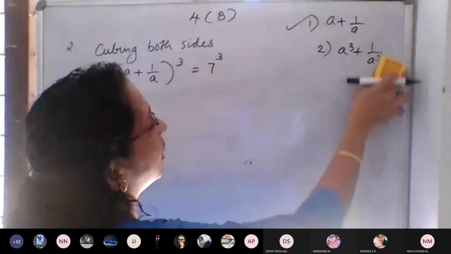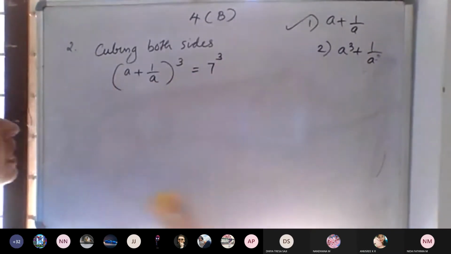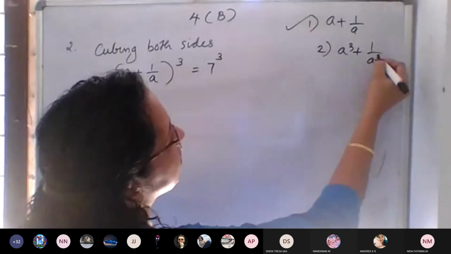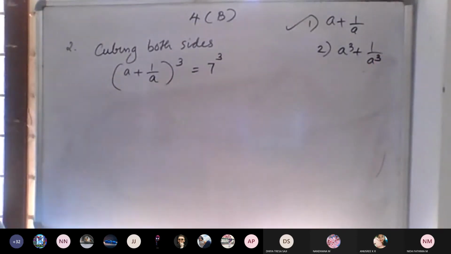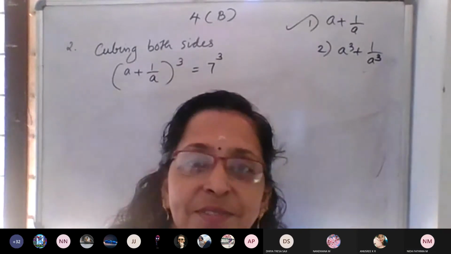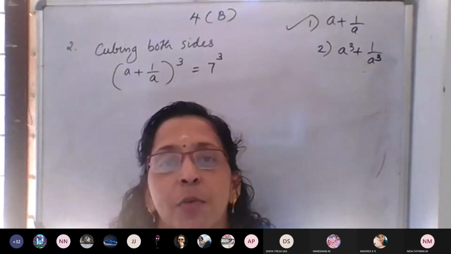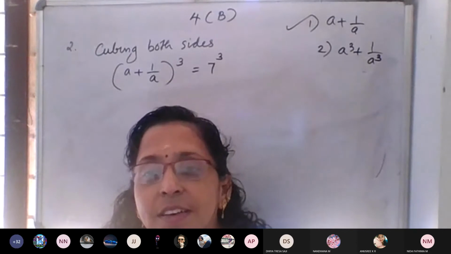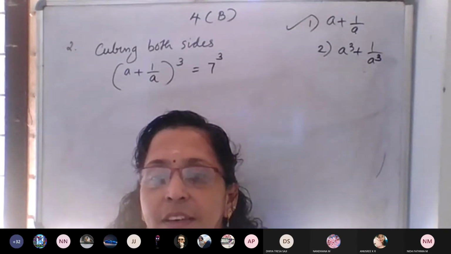So we studied the formula for (a plus 1 by a) whole cube. What is the formula? How many of you can study all these formulas by heart, without mistakes? Please raise your hands.